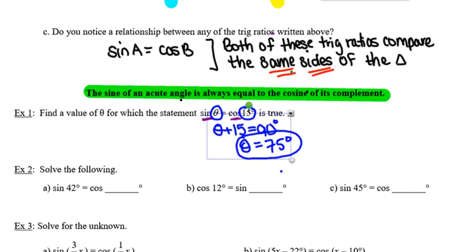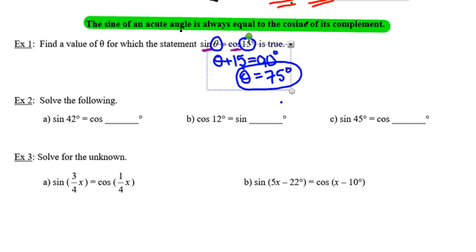So number 2 is kind of similar to that, where again, notice that we see sine on one side, cosine on the other. We know that those two angles that follow the sine and the cosine have to be complements of each other. So in letter A, I would do 90 minus 42, which makes this 48, because the sum of those two has to be 90.